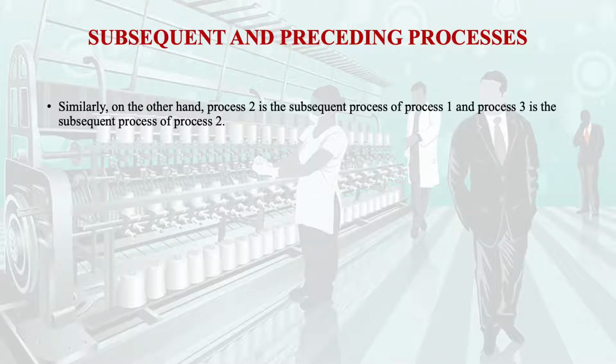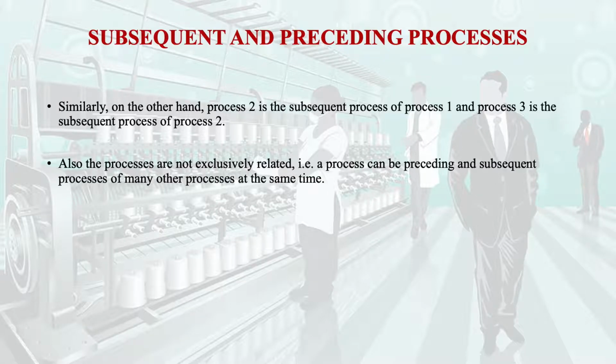Similarly, on the other hand, process 2 is a subsequent process for process 1, and process 3 is the subsequent process of process 2. Also, the processes are not exclusively related.